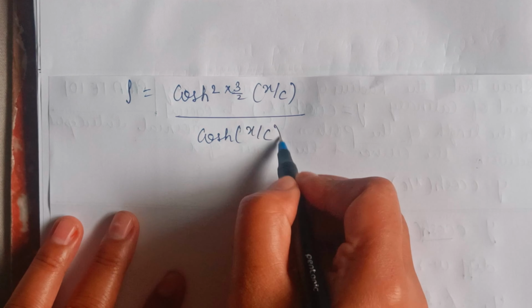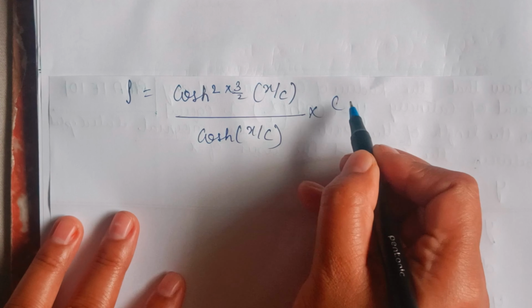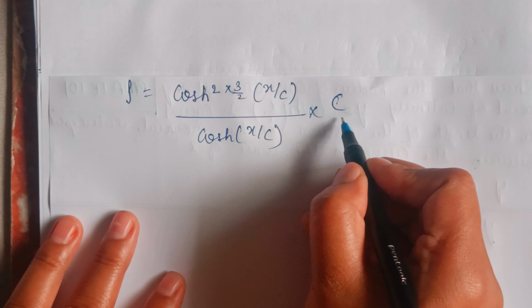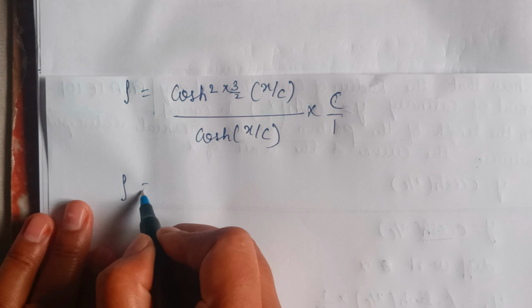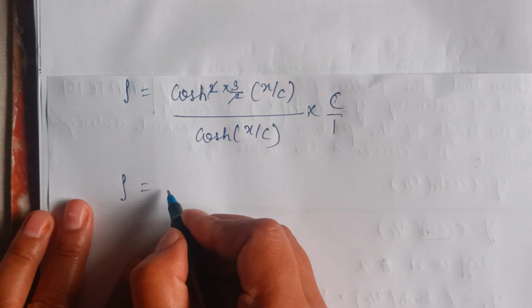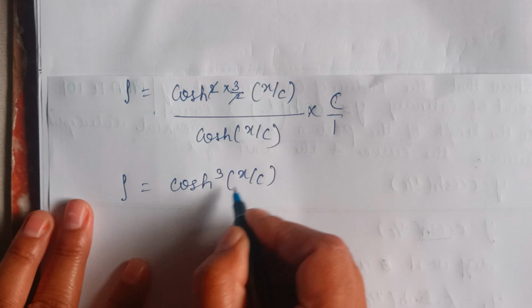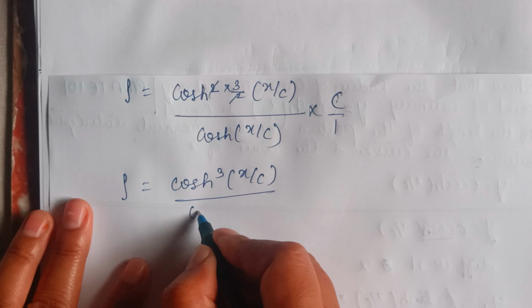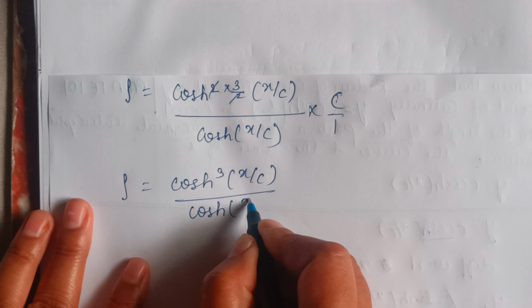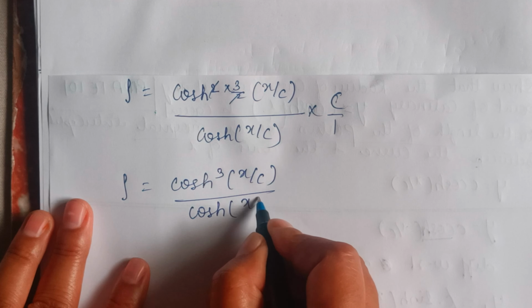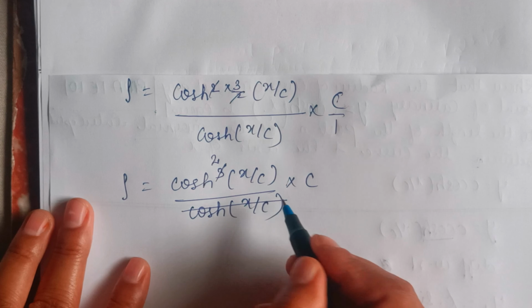Here we have 1 by c, so I will take it to the numerator, so it will be c by 1. So rho equals, 2 and 2 will get cancelled, cos hyperbolic cube x by c divided by cos hyperbolic x by c into c. So this and this will get cancelled.